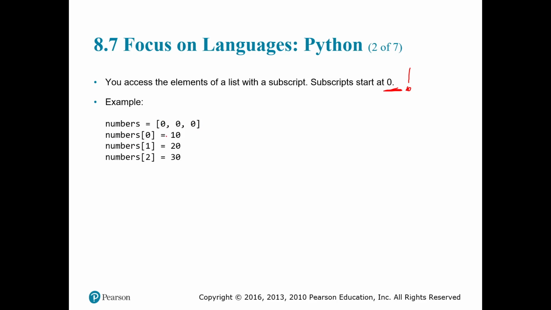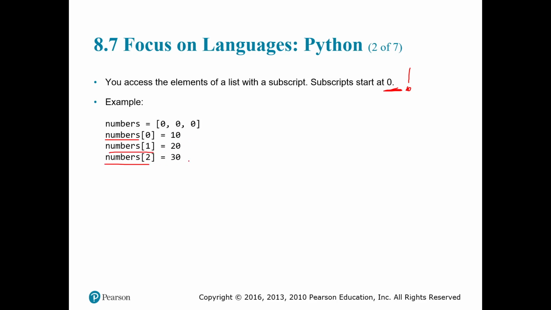Now we want to assign some elements into our array. We want to input some values. So here we have numbers, and we're telling at subscript 0, at position 0, we want to have an element 10. Now, at subscript 1, we want to have an element of 20.